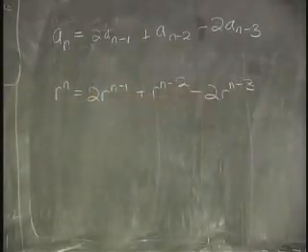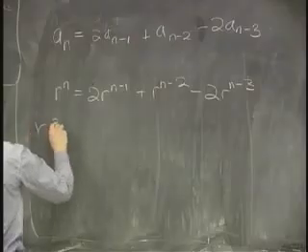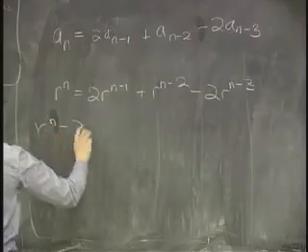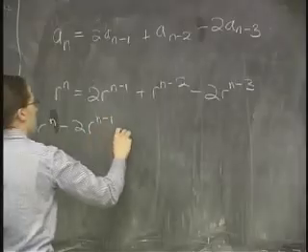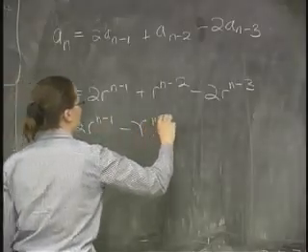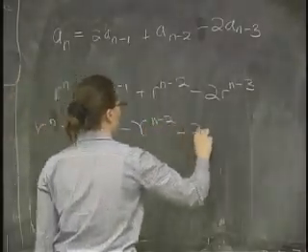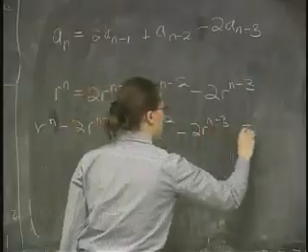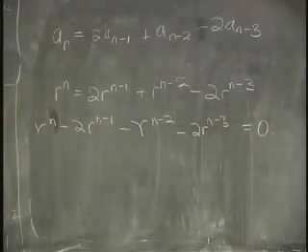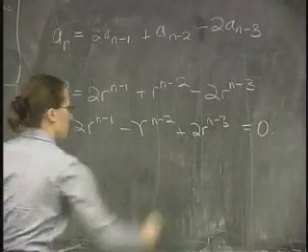Now I pull them all over to the left-hand side of this equation. So I get r to the n minus 2 r to the n minus 1 minus r to the n minus 2 minus 2 r to the n minus 3 is equal to 0.